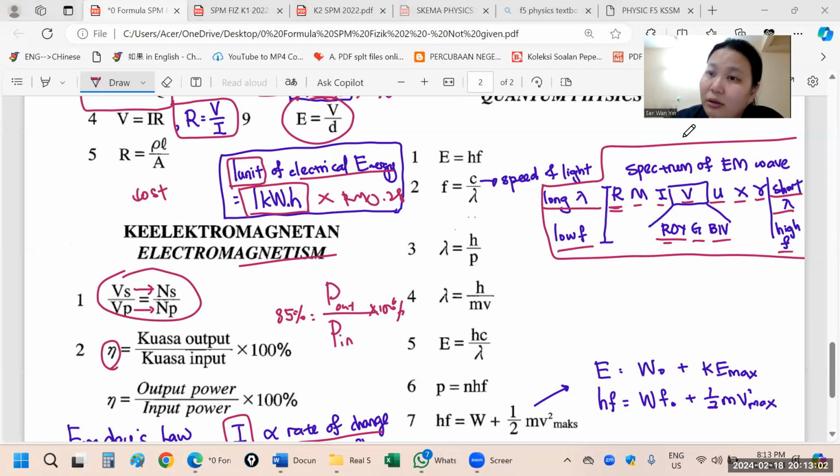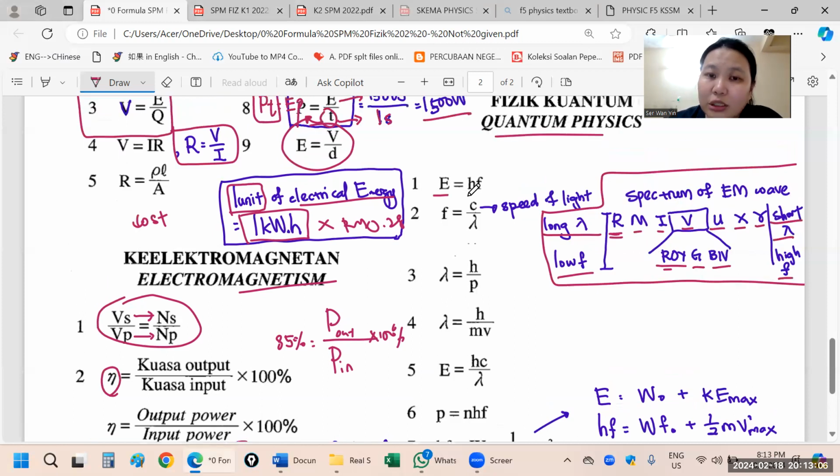But for quantum physics, our E equals to hf, what is it? This is light energy. Then this energy depends on your f, means higher f, higher energy. So violet light has higher energy than green light, okay?